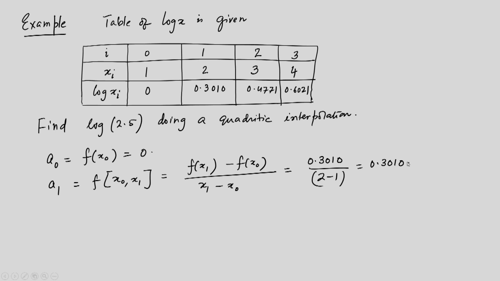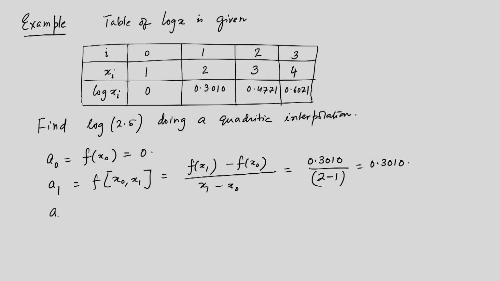So, this is the value of the slope which is calculated from this value of the function, because the first term is 0. So, we get just 0.3010 and we have 2 minus 1.